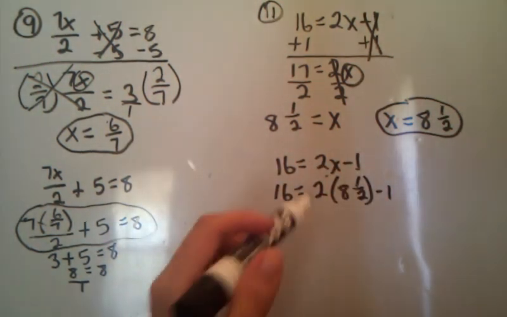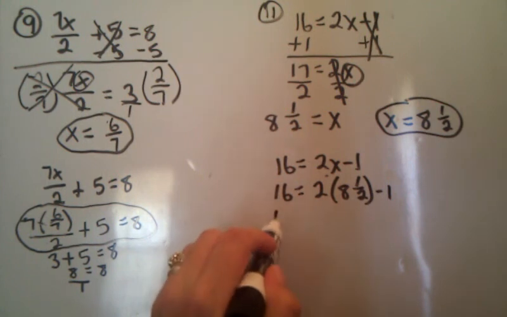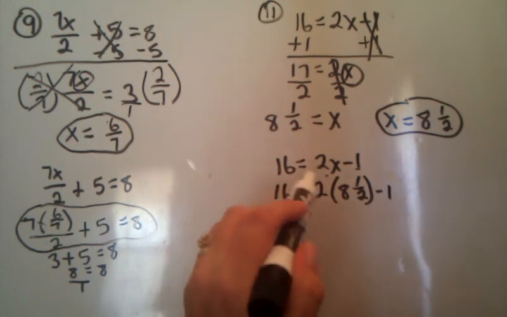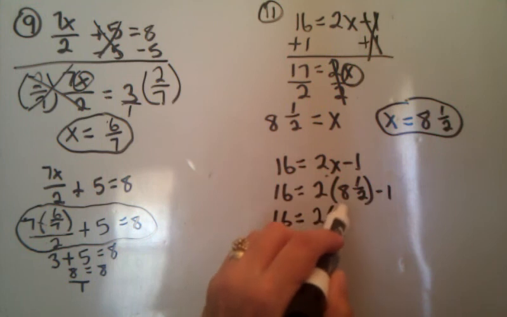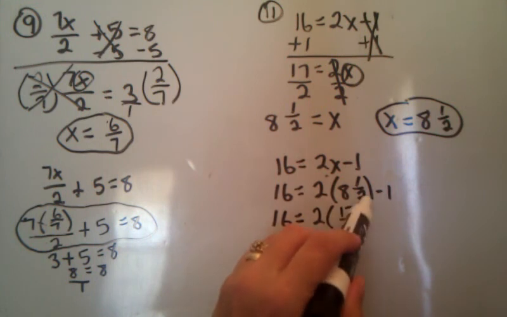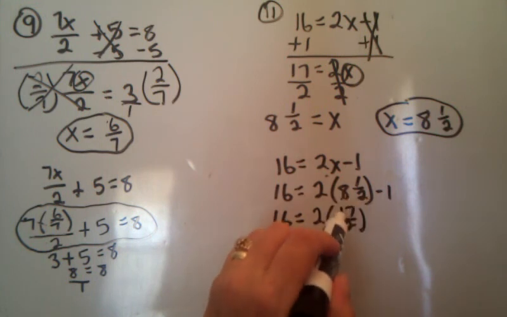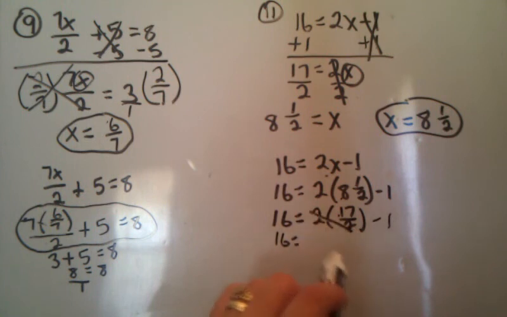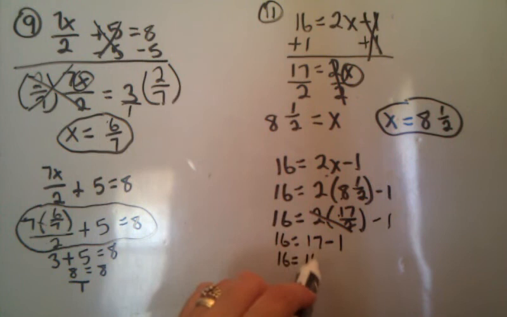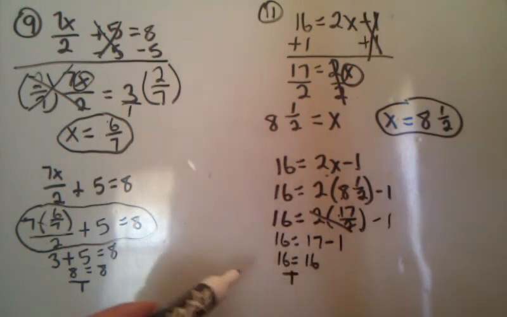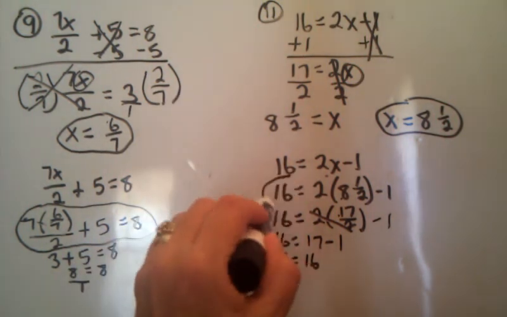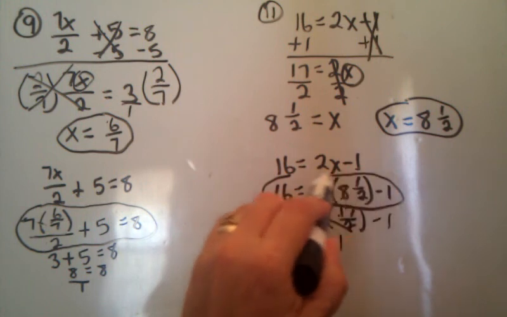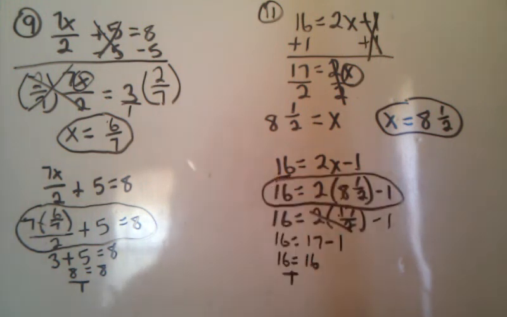And if I multiply it, in order to multiply, I'd have to turn it right back into an improper fraction. 2 times 17 over 2, because 2 times 8 is 16 plus 1 is 17, and minus 1. Okay, so 16 equals, here my 2's cancel out, and I have 17 minus 1. 16 equals 16, and that's true. So to check it, this is what I have when I checked it. Okay?